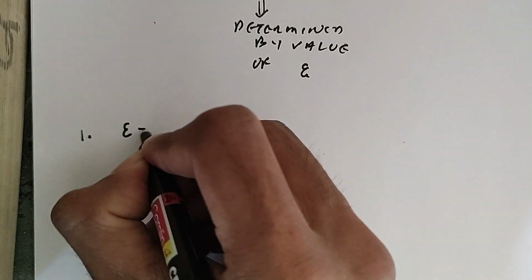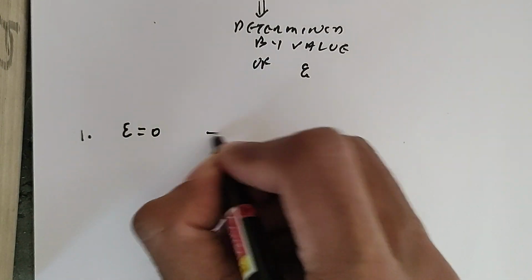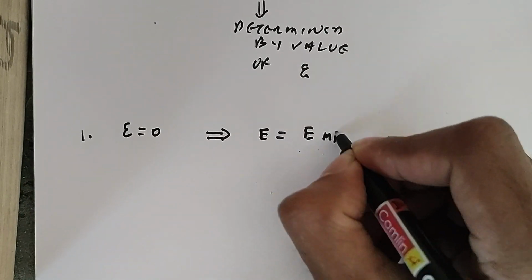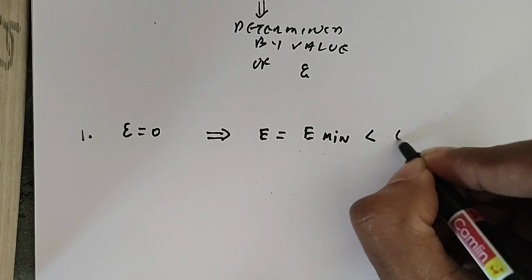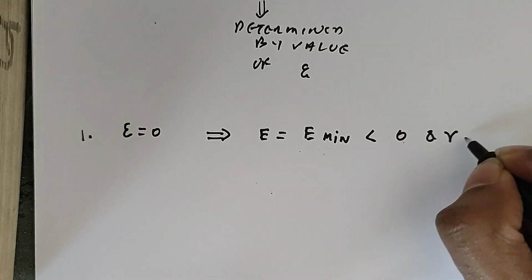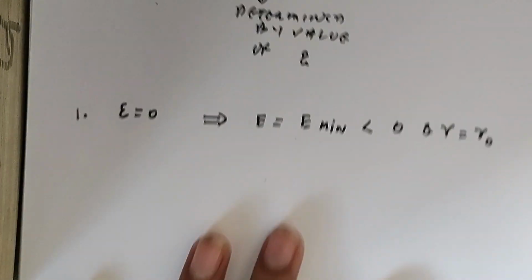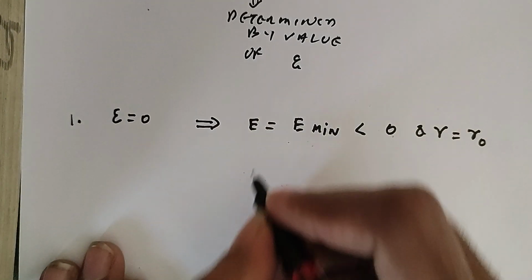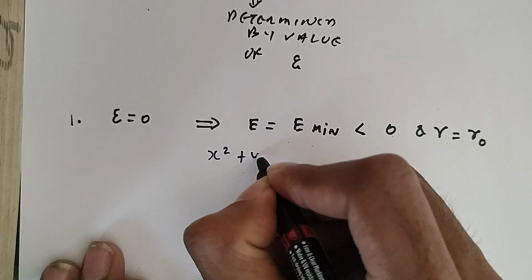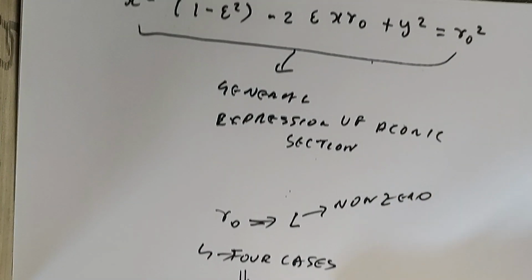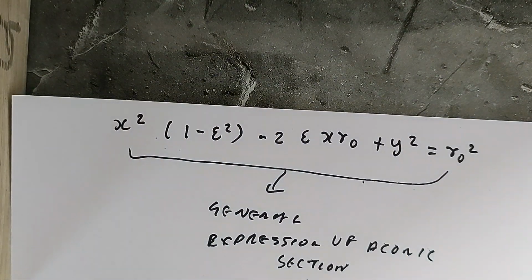So first is when epsilon is equal to 0, the energy is at its minimum, and R is equal to R naught. When we have this condition, our equation changes to x square plus y square is equal to R naught square, right?